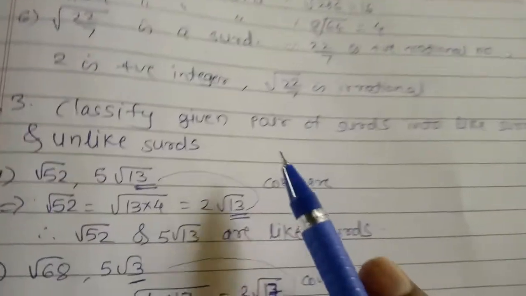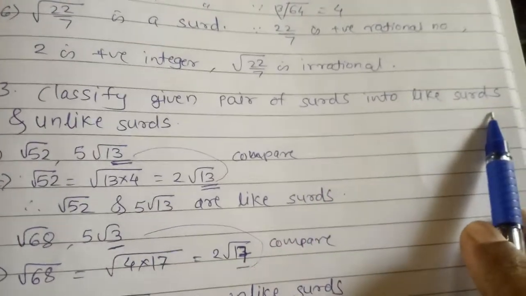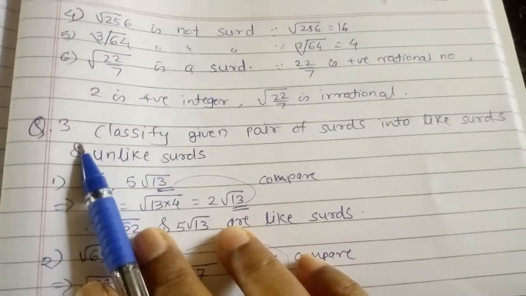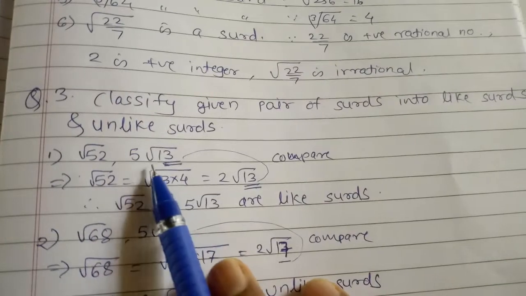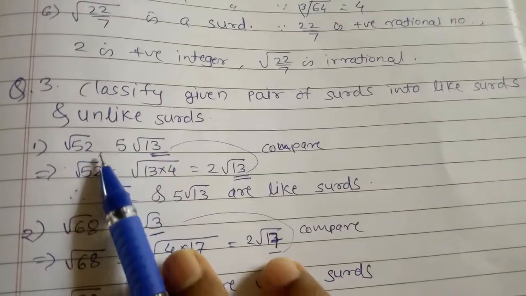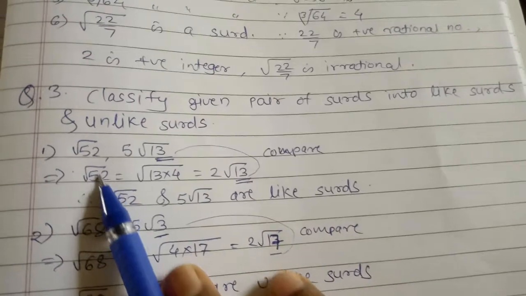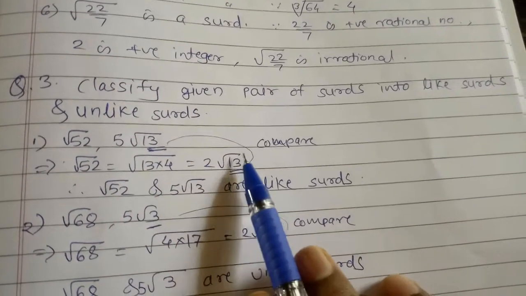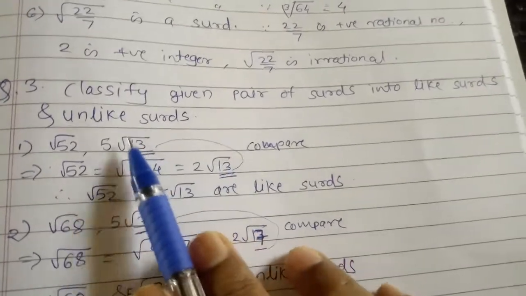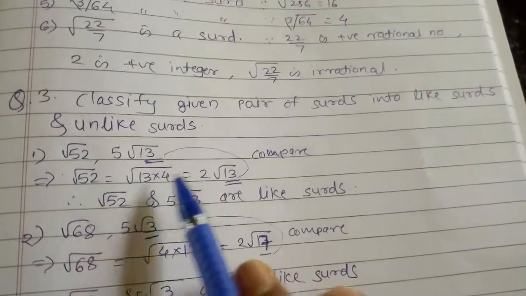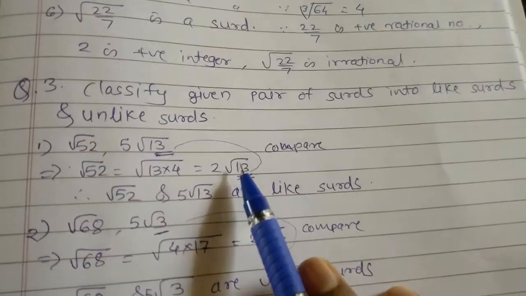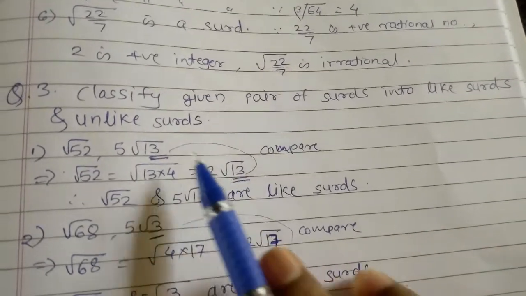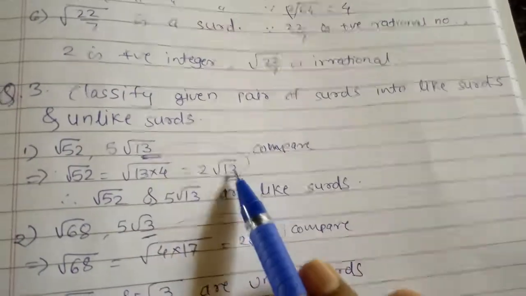Now you have to classify the following pairs of surds as like surds or unlike surds. This is question number 3 from practice set 2.3. The first pair is root 52 and 5 root 13. Taking root 52, we can factorize it as 13 into 4, so we get 2 root 13. Now we compare the number in the radical sign: 13 and 13.